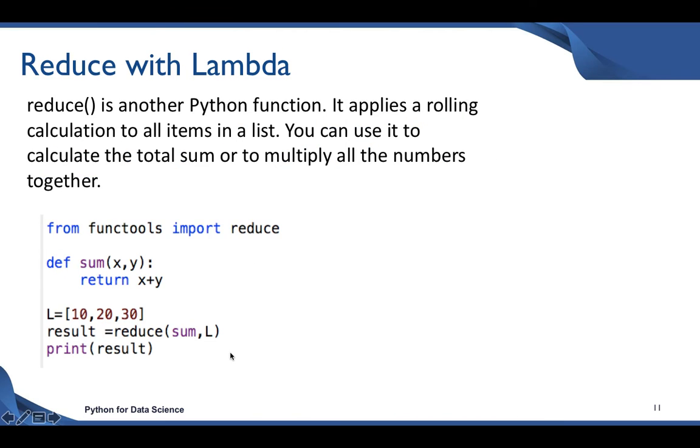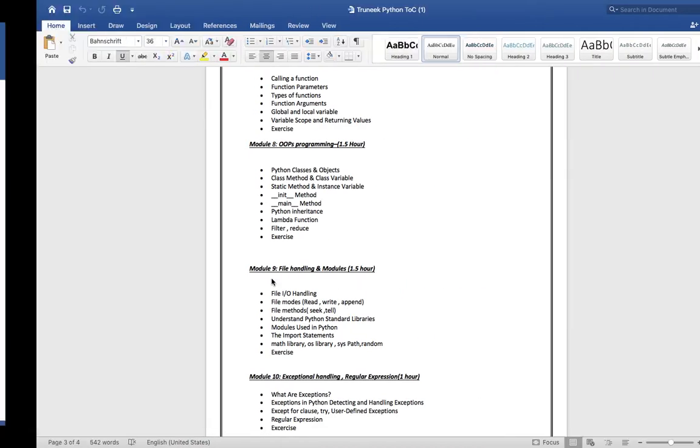Then we have your reduce also. So reduce is another Python function. It applies a rolling calculation to all the items in a list, right? So we can also calculate the sum or total or multiply all the numbers together, right? So I have tried taking the inbuilt reduce from functools, right? So let us try to see this.